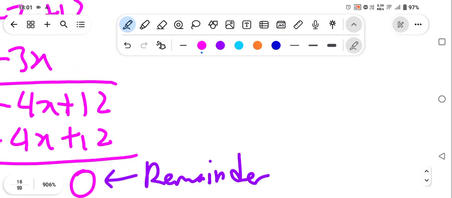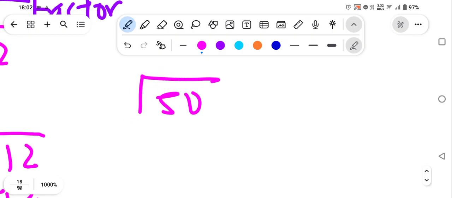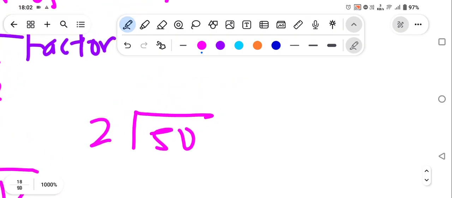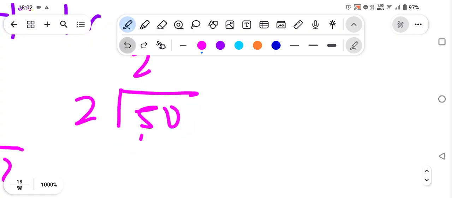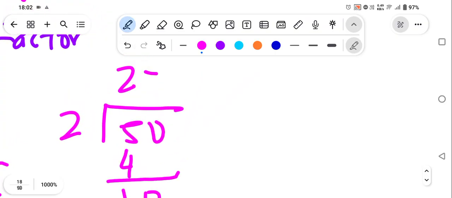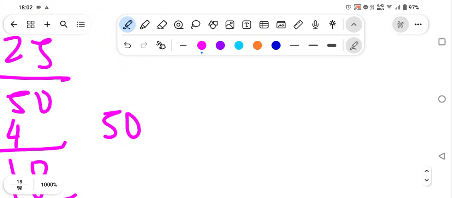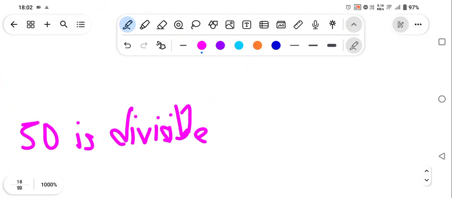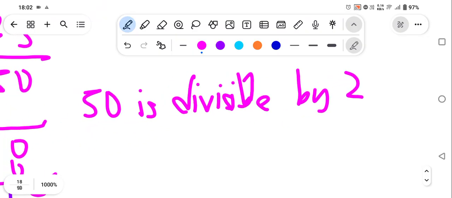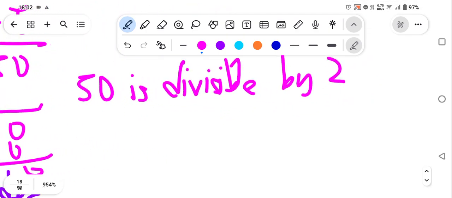So it's the same thing. It's like if we divide 50 by 2, you have 2 here, 2 times 2 is 4, and we have 10, and 5 times 2 is 10, and you get 0. This means that 50 is divisible by 2. So it's the same thing. The same thing applies here.